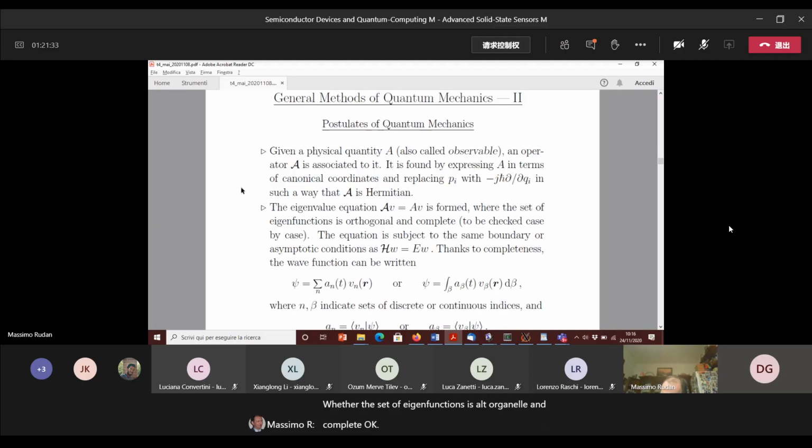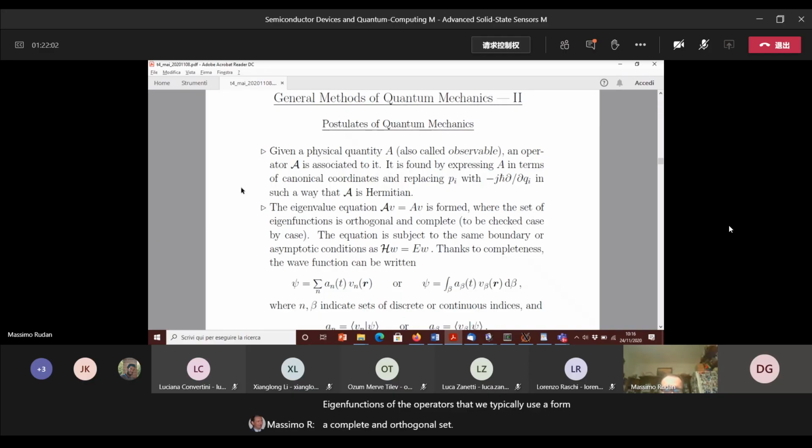This is a task that, for the standard situations typical of quantum mechanics, the mathematicians have already performed for us, so we know that the eigenfunctions of the operators that we typically use form a complete and orthogonal set.